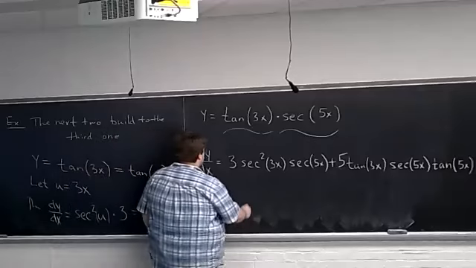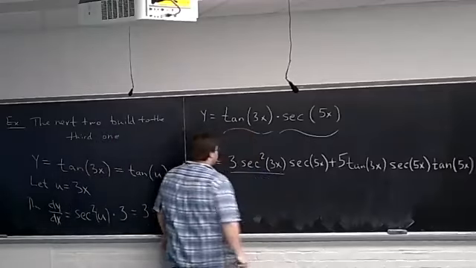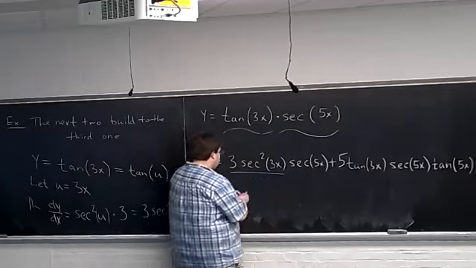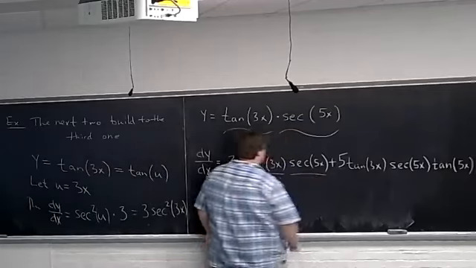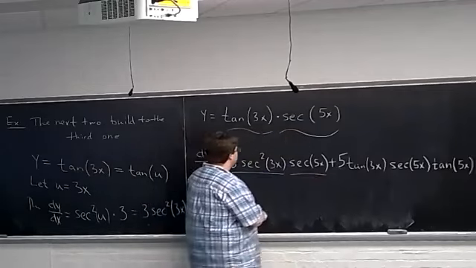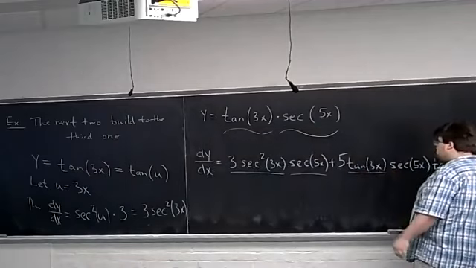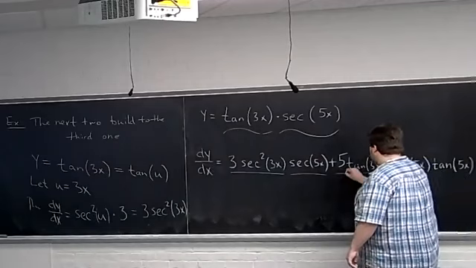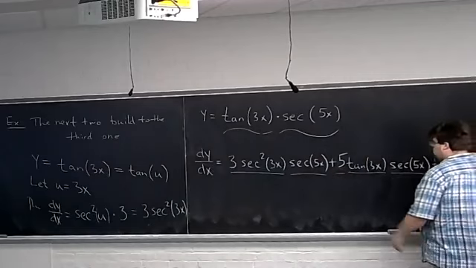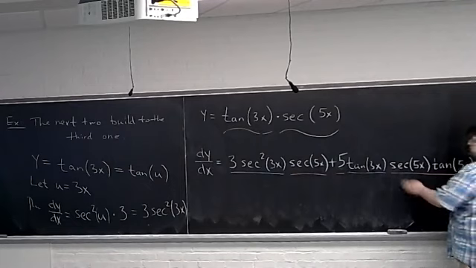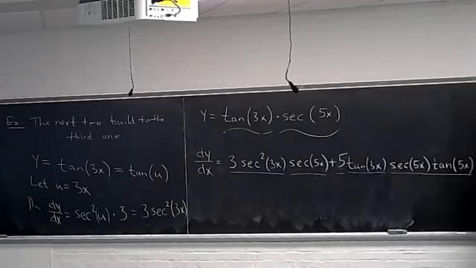So here we have the derivative of the first. Here we have the second, plus the first, which is that, times the derivative of the second. And for organizational purposes, I just moved that 5 out front. Any questions about this one?